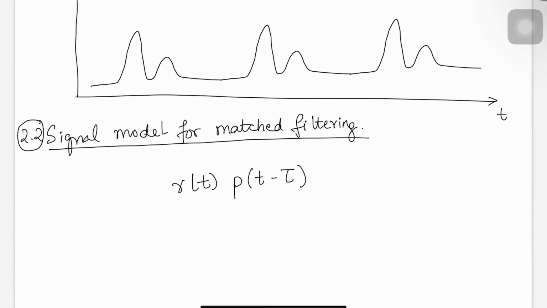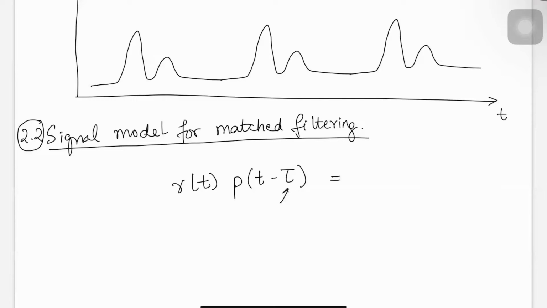We multiplied the two signals, and at each point you multiply them and add up the response so that you get a single number for each delay tau.